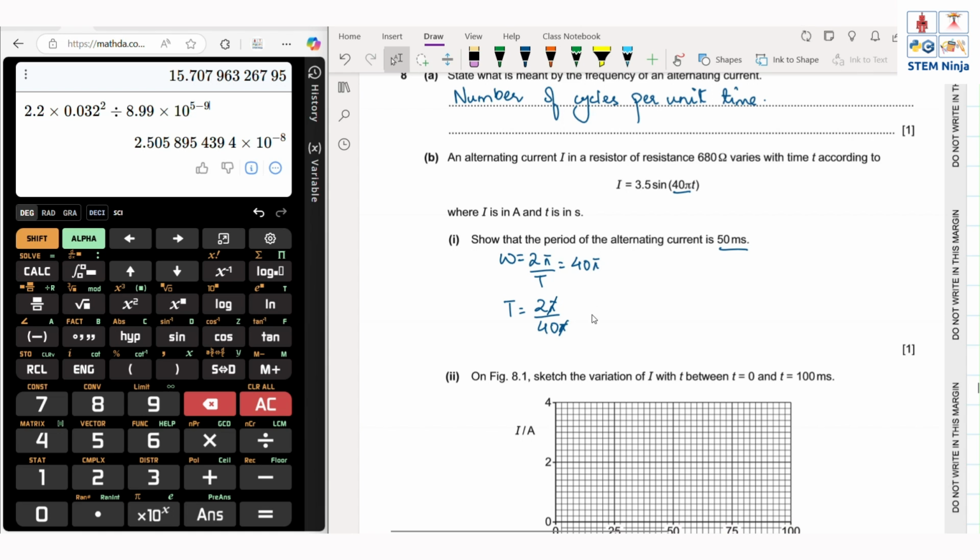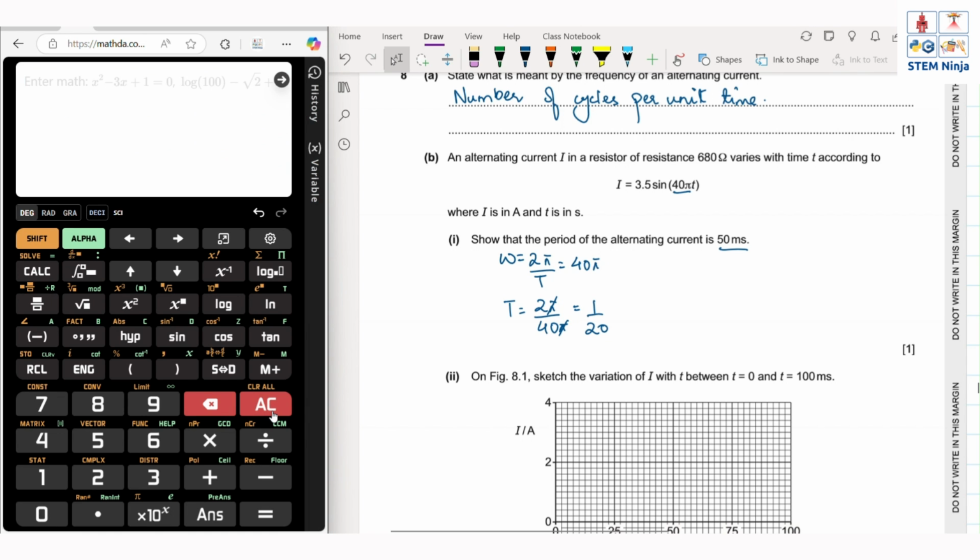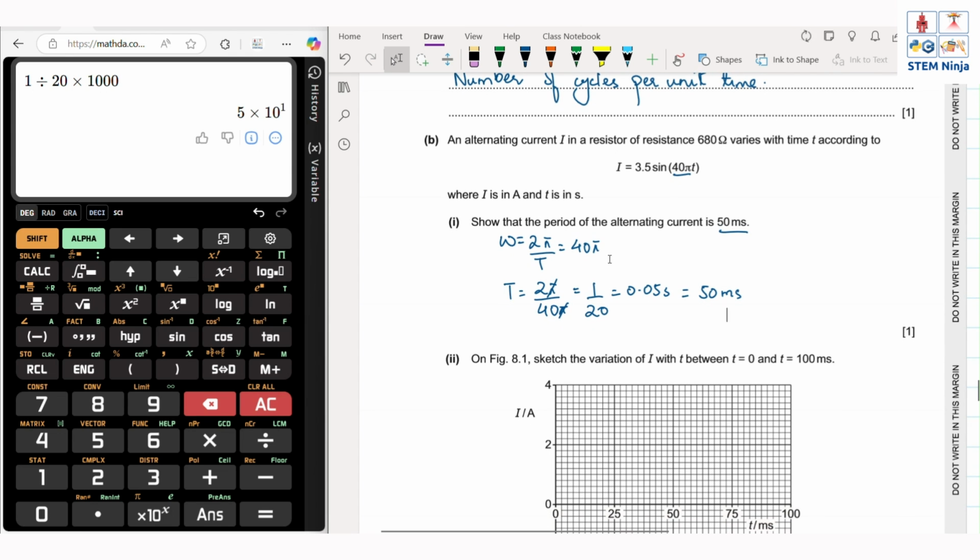The pi cancel, we have 1 over 20. So 1 over 20 is 5 times 10 raised to power minus 2, which if you multiply by 1000 to convert into milliseconds is 50 milliseconds.